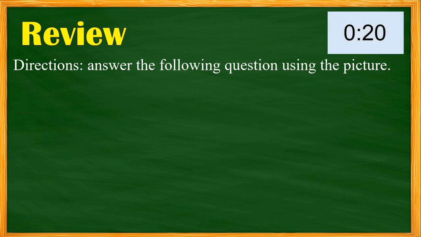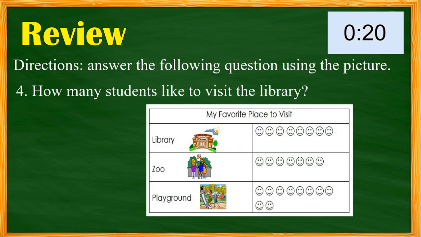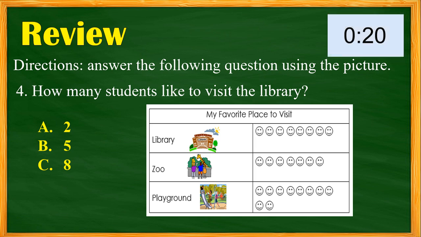And for number 4, how many students like to visit the library? This should be the picture. This should be the favorite place to visit. Letter A, 2, letter B, 5, letter C, 8. So you have 20 seconds. Your timer starts now.